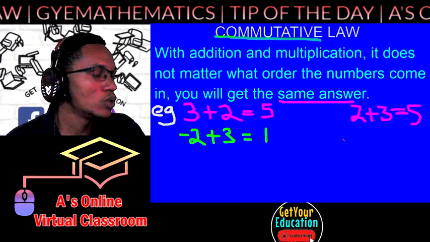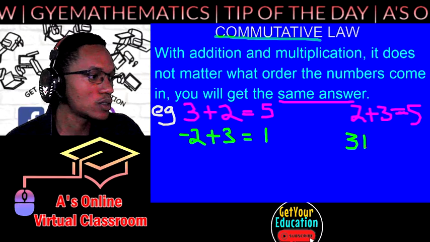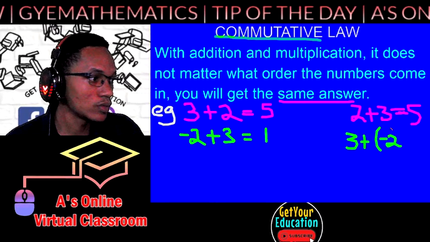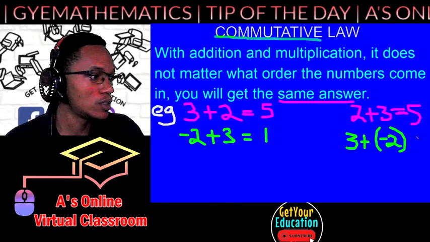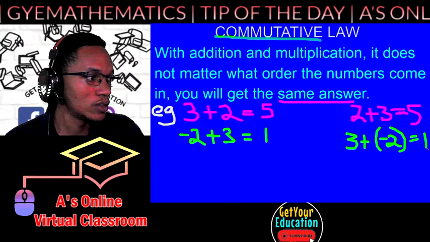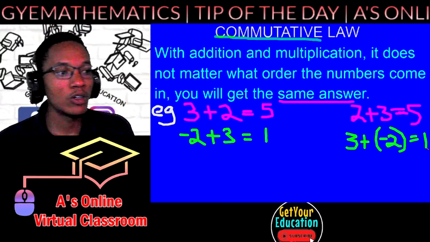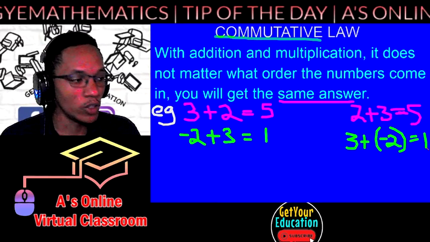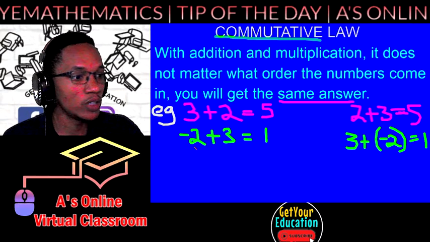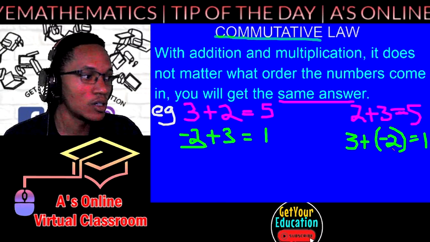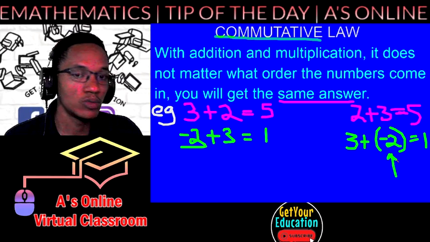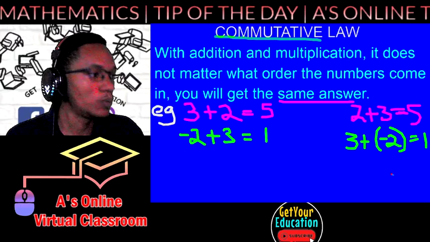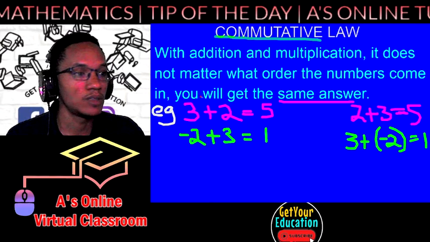So we can do 3 plus, we add in negative 2. And the answer would still give us positive 1. So the commutative law could be applied for any integers, positive or negative. Just like how you saw here, we moved the negative 2 to the second position, so we kept it as a negative 2. And if you want to double check me on the calculators, you can. You will get positive 1 for your answers.